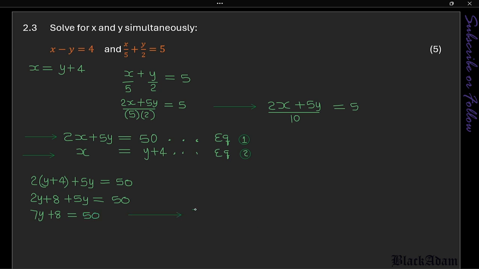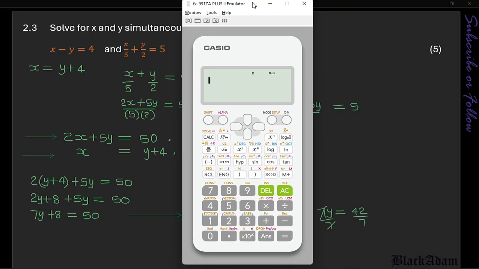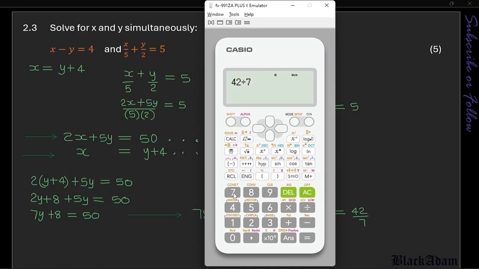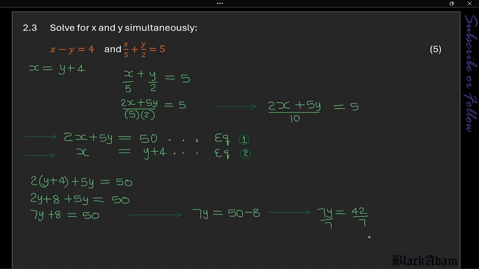So that means now we have 7y is equal to 50 minus 8, because take positive 8 to the right hand side will be negative, so 7y is equal to 50 minus 8 is going to be 42. So we have a calculator there. 42 divided by 7 gives us 6. Okay, so that means now we have y is equal to 42 divided by 7, which is 6.